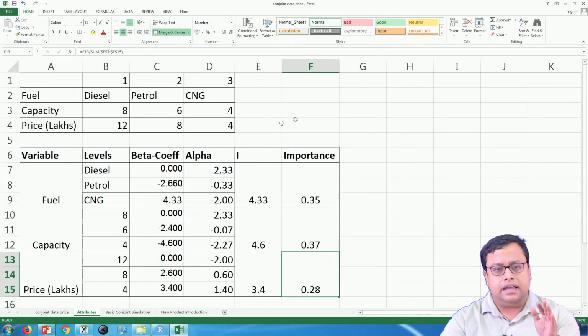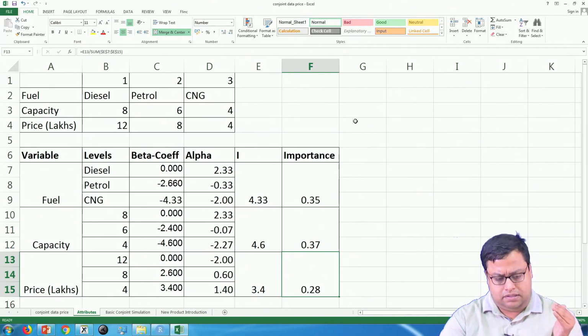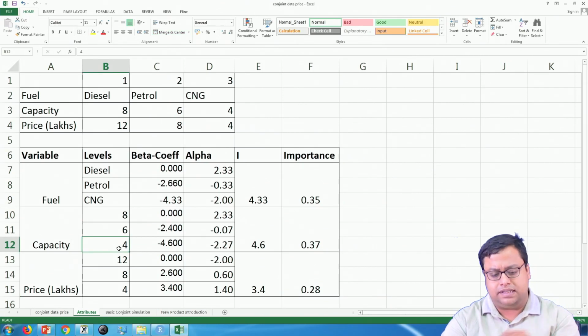Let us say keeping everything same, if I change from capacity 6-seater to 4-seater, how much preference is dropped? The preference drop is minus 2.4 to minus 4.6, fair enough. So, minus 2.4 to minus 4.6 means how much? It is actually minus 2.2.